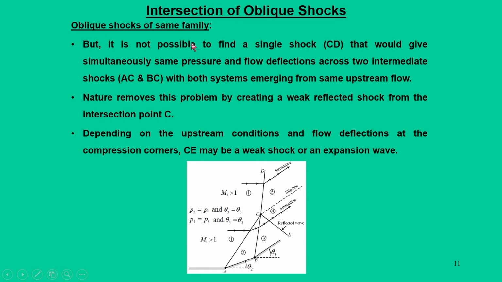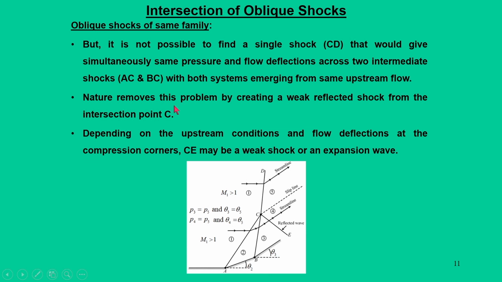That is because it is not possible to find a single shock CD that would simultaneously give the same pressure and flow deflections across the two intermediate shocks AC and BC, with both systems emerging from the same upstream flow. So, naturally it is an impossible process.